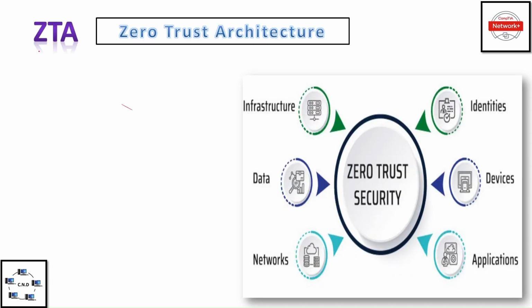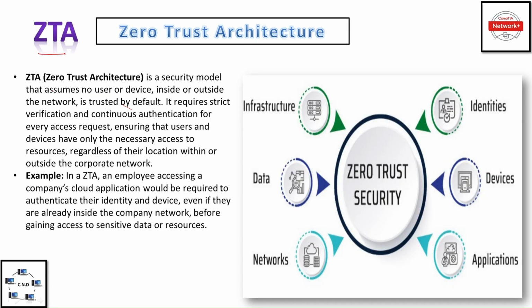ZTA, that is Zero Trust Architecture. ZTA, Zero Trust Architecture, is a security model that assumes no user or device inside or outside the network is trusted by default. It requires strict verification and continuous authentication for every access request, ensuring that users and devices have only the necessary access to resources, regardless of their location within or outside the corporate network.